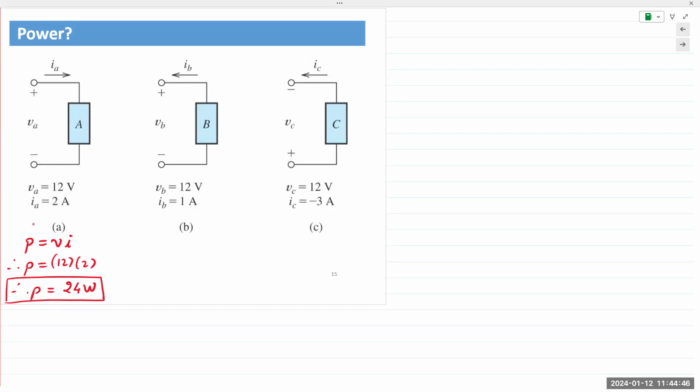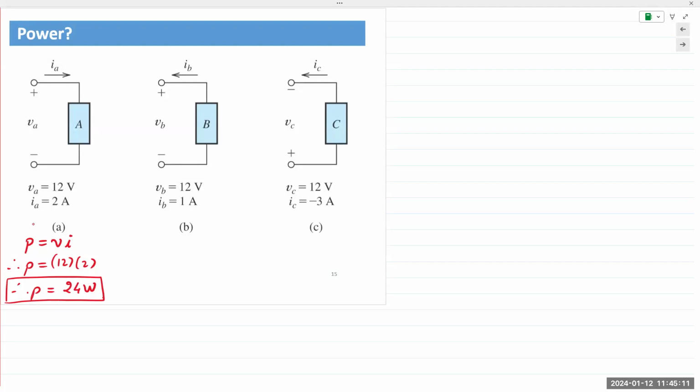But if the terminals were noted, then yes, we would say VAB or VXY or something like that. But these examples are for determining which equation to use. And so we already have the polarity and the direction.